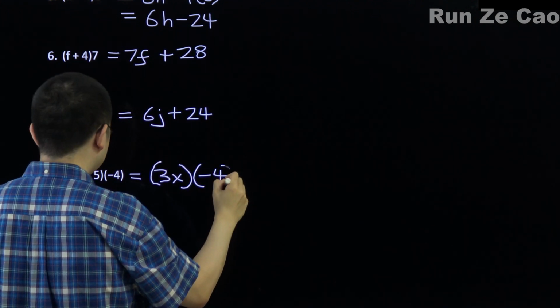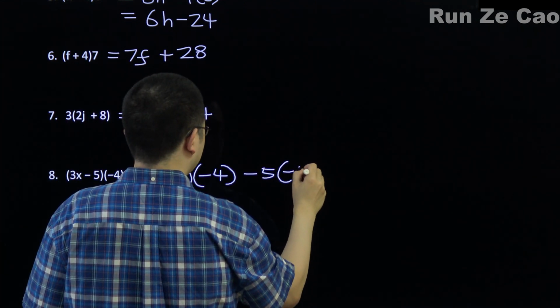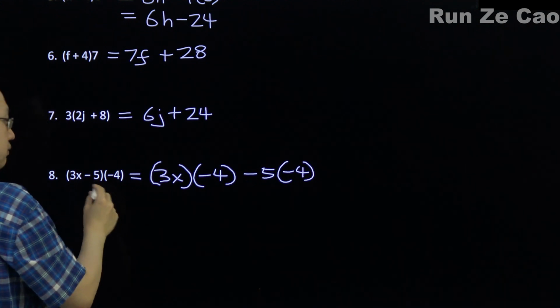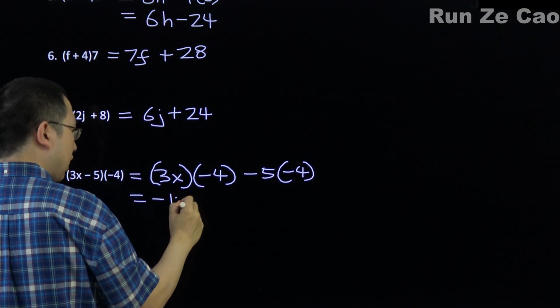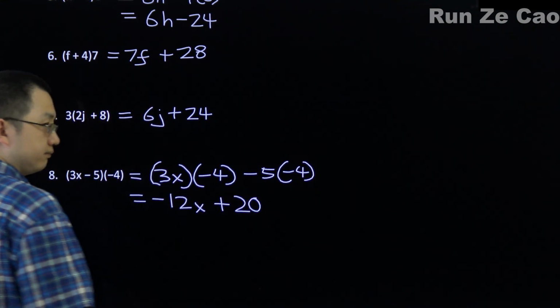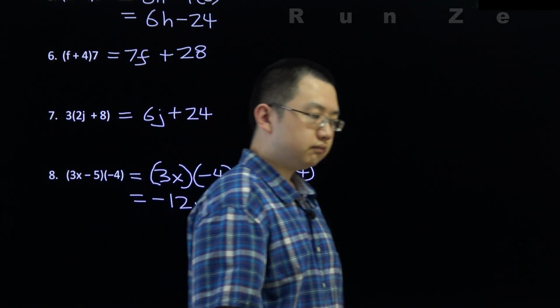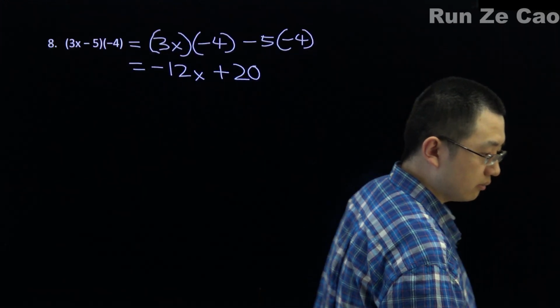It's 3x times -4, and then minus 5 times -4, as shown here. So you end up with -12x plus 20. Yeah, you just simplify as much as you can, at least.